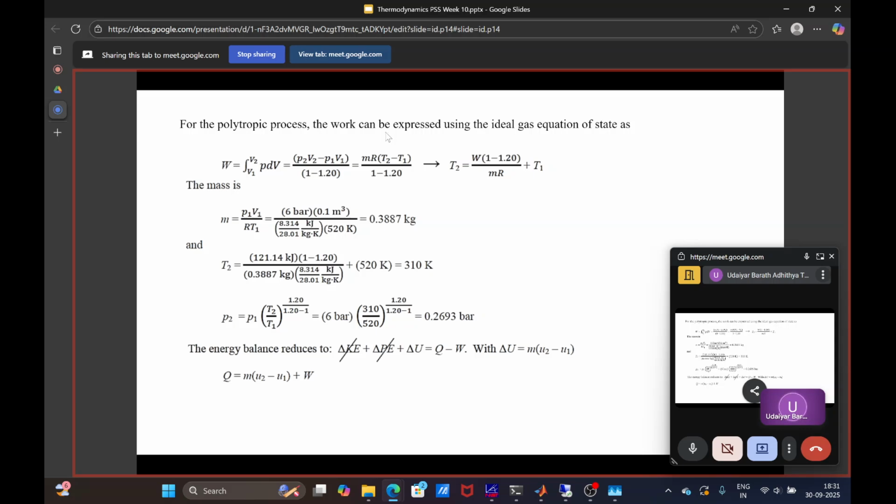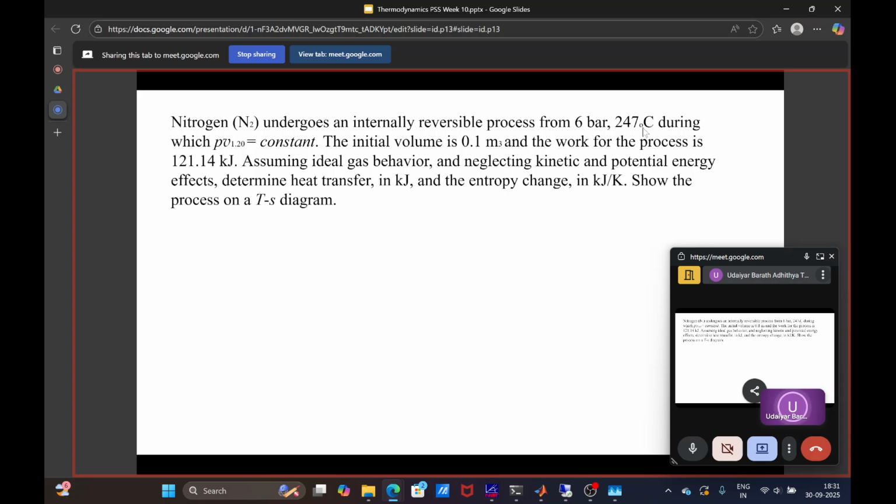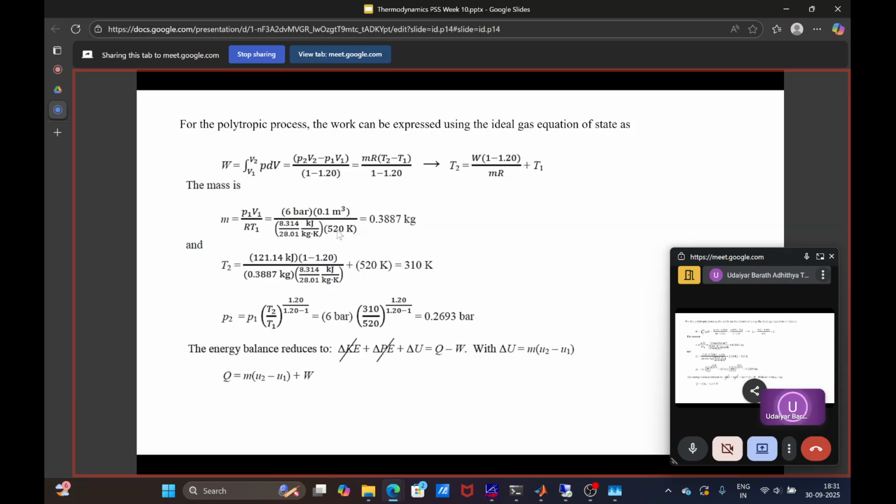So m is P1 V1 by R T1. The initial pressure is 6 bar, the volume is 0.1 meter cube, and R is 8.314 divided by 28 for nitrogen, multiplied by initial temperature, 247 plus 273, so that is 520. That gives you initial mass of 0.3887 kilograms.